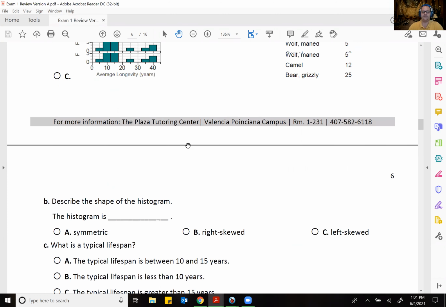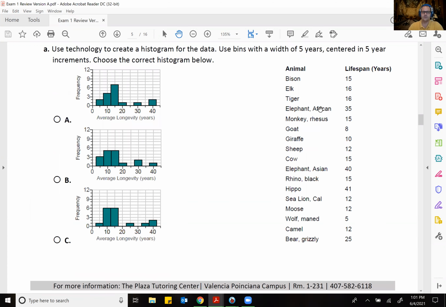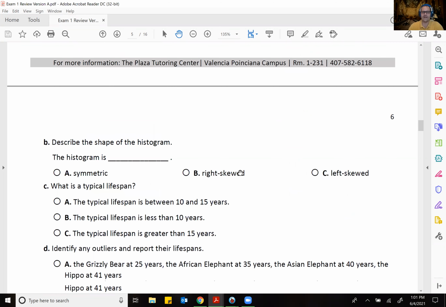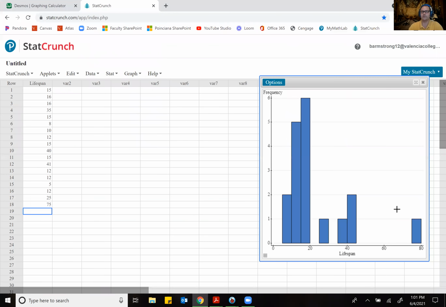Outliers, we believe, are these three bars that are right there, which consist of the grizzly bear, the hippo, the Asian elephant, the African elephant. I think that was it. Yeah, those four. And then last but not least, if we were humans, we would be way off to the right, as you can see in our new histogram here, which was B. So C, B, A, A, B.